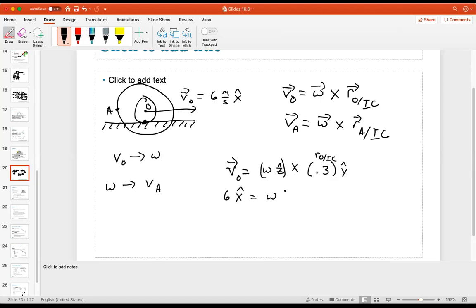So that's going to be omega times 0.3 times negative x hat. And I learned that omega equals negative 20.